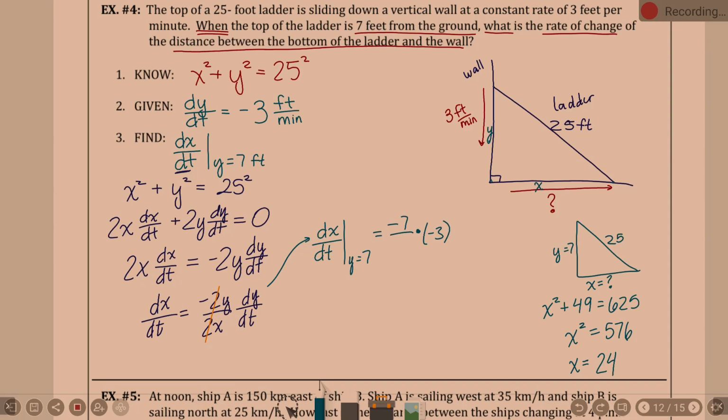So what are we doing over here? Now we're putting 24 in. So yes, that's an added step sometimes. Sometimes you have to go find a piece of information that we didn't know. So dx/dt, when y equals 7, what are you cleaning that up to be?